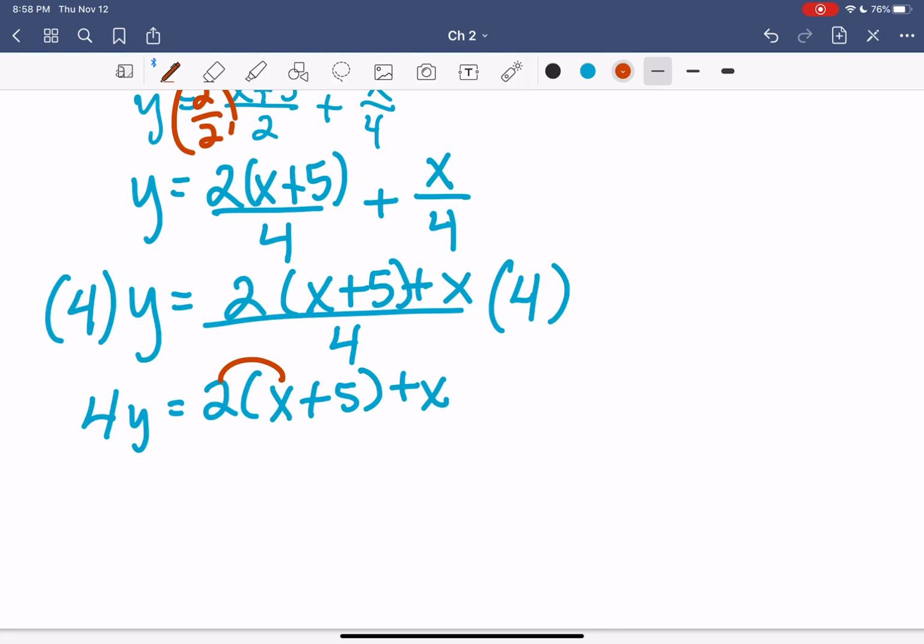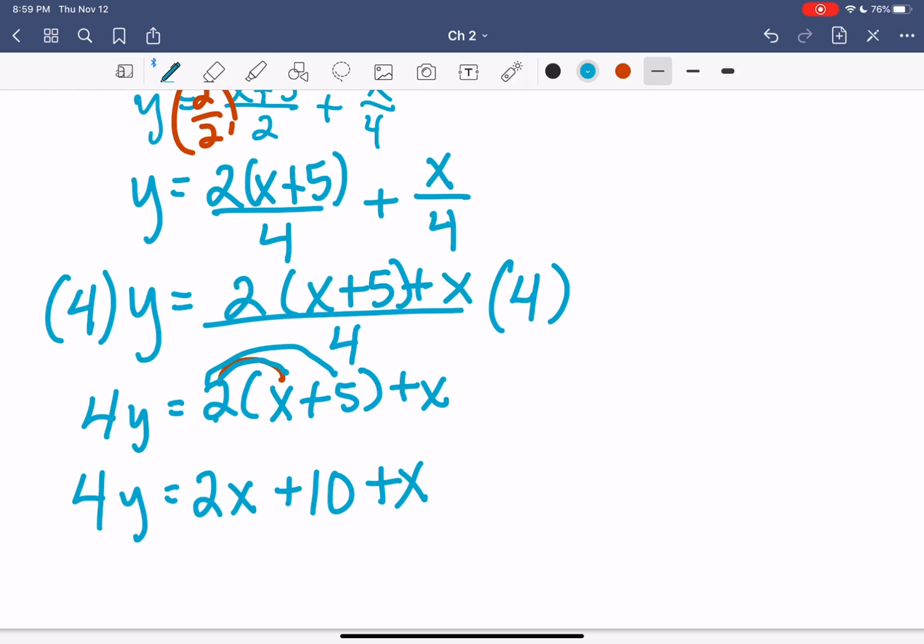So 2 times x, got to rewrite the original. 4y equals 2x, and then plus 10 plus x. Now I need to combine like terms. 4y equals 3x plus 10.